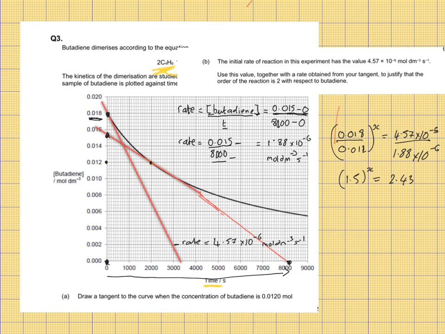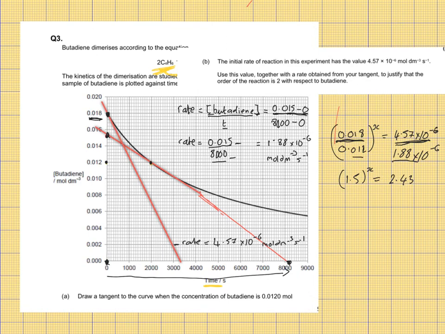So in our first experiment here, the concentration of butadiene was 0.018. And we've now reduced the concentration to 0.012 to the power x. These are the rates. This is the initial rate here, 4.57 times 10 to the minus 6. And here's the initial rate when our concentration dropped to 0.012.